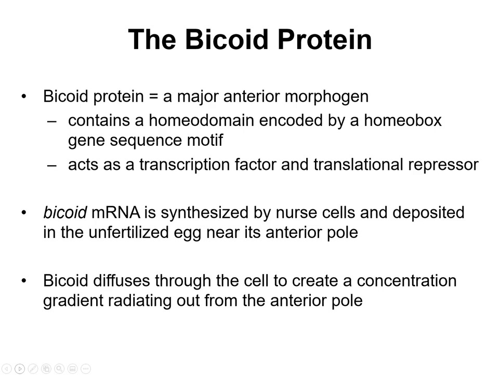So this is already predetermined in the oocyte before fertilization. Then the protein diffuses through the cell to create a concentration gradient that radiates out from the anterior pole. And it goes from being really concentrated at the anterior to non-existent at the posterior.